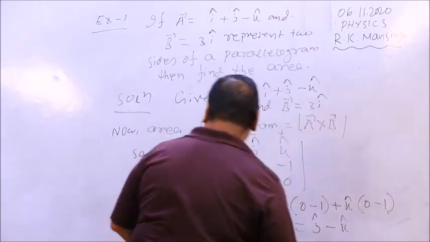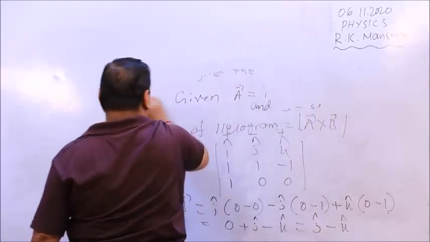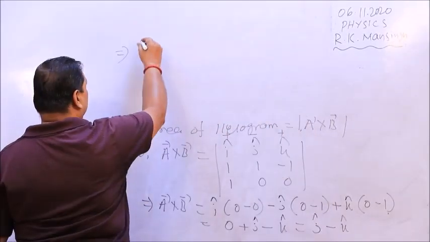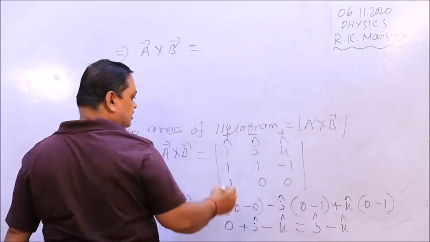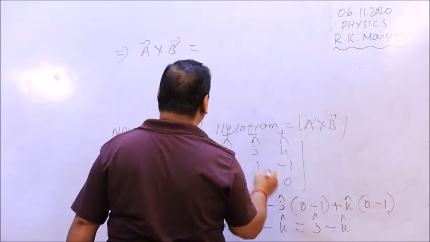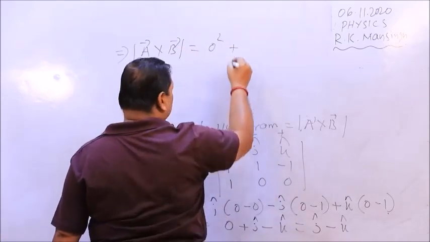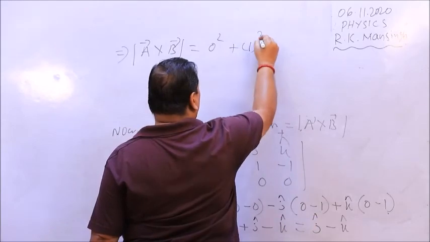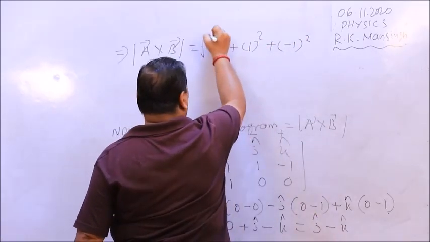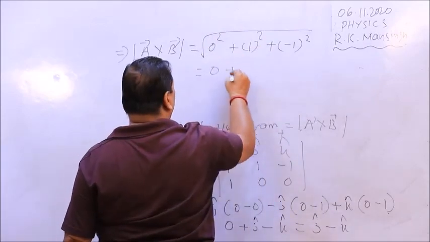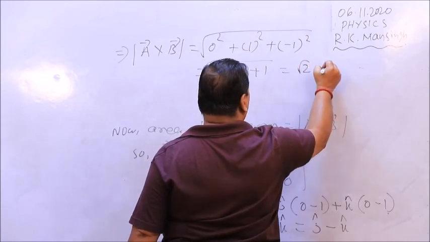Okay, then find the modulus of A cross B, which will give the area of the parallelogram. So modulus of A cross B equal to root over 0 square, plus coefficient of j cap is 1, coefficient of k cap is minus 1, so 0 plus 1 plus 1, root over, this is root 2 units.